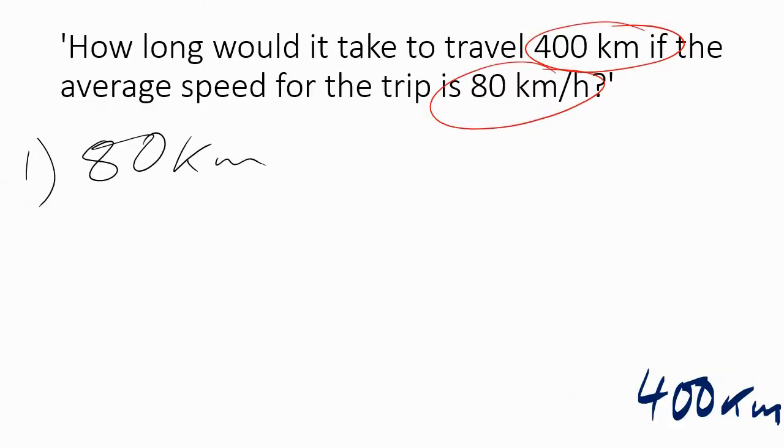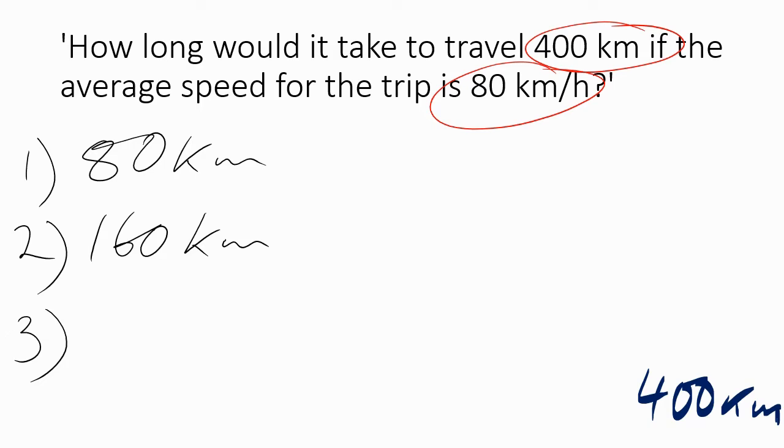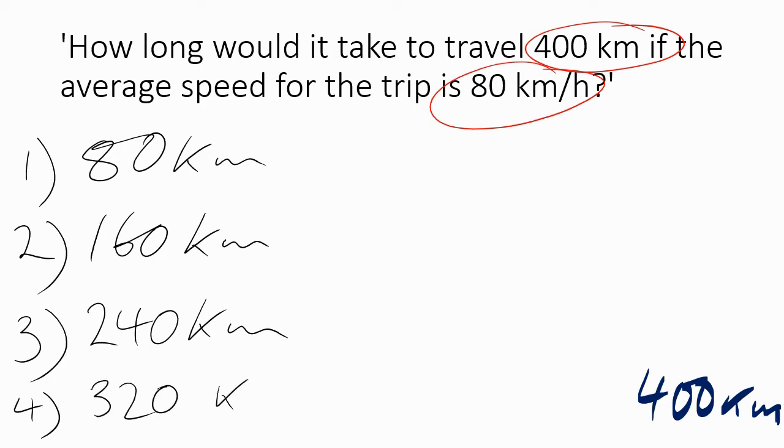In our second hour, 80 plus another 80 is 160 kilometers. In our third hour, that's another 80 kilometers, that is 240 kilometers. In our fourth hour, plus another 80, 240 plus 80 is 320 kilometers.